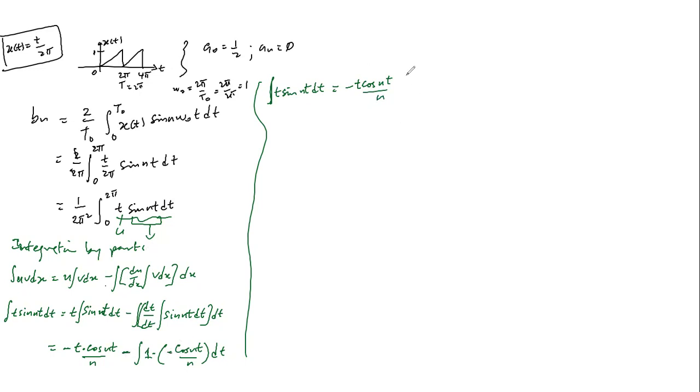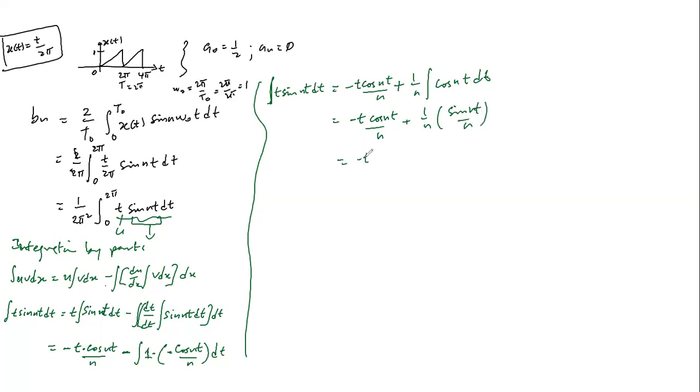Minus times minus is plus 1 over n integral cos nt. And this is going to give us negative t cos nt over n plus 1 over n integral of sine nt.